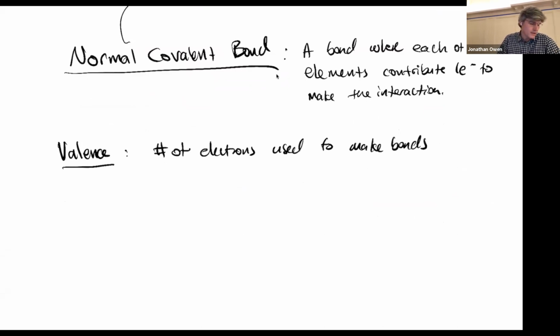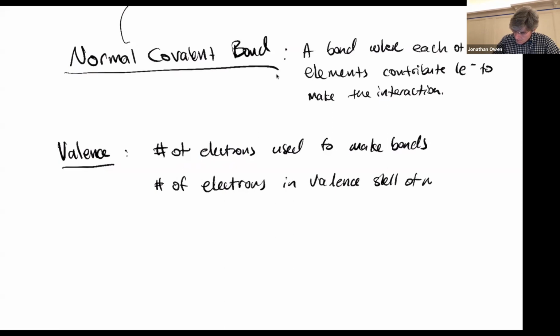And you can calculate that by taking the number of electrons in the valence shell and subtracting the number of non-bonding electrons.